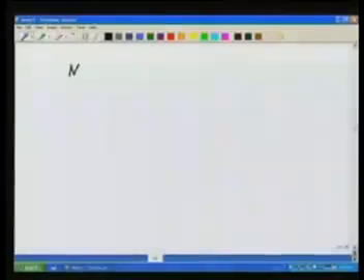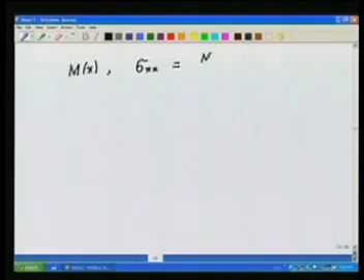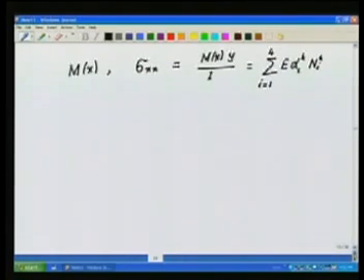Now, given the bending moment at a point x, finding sigma xx is not a problem. It is equal to M(x) at a point y by I. So, this will be equal to E times the sum of alpha_i into N_i double prime into y.